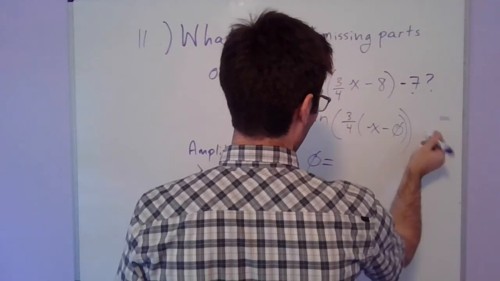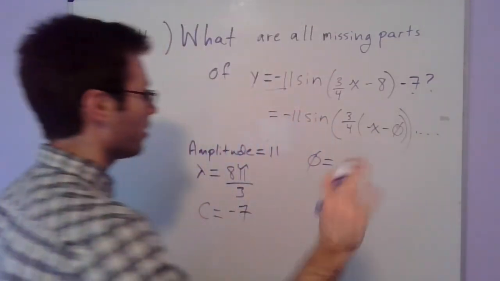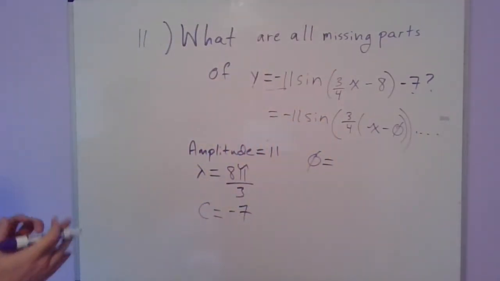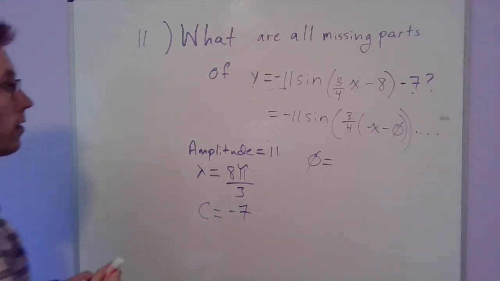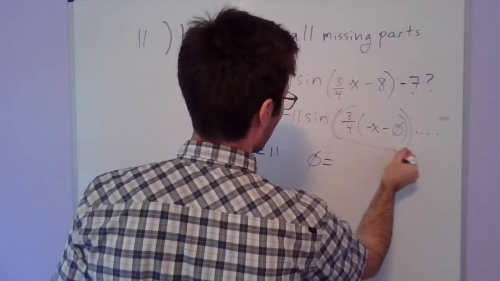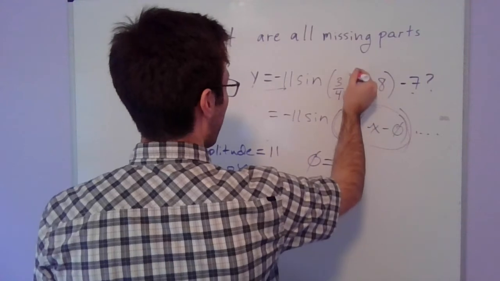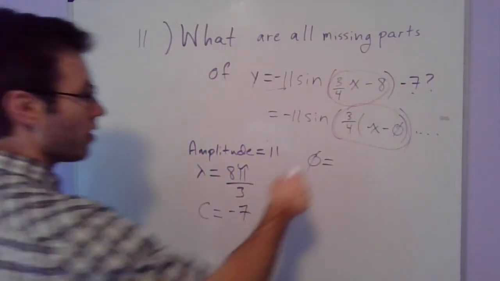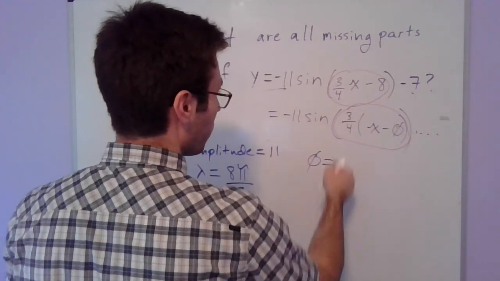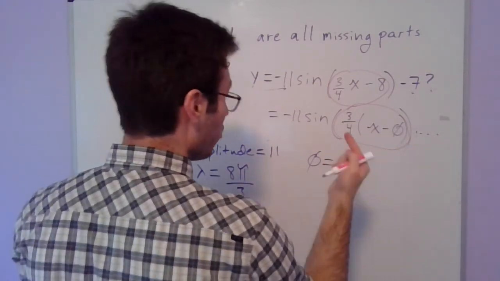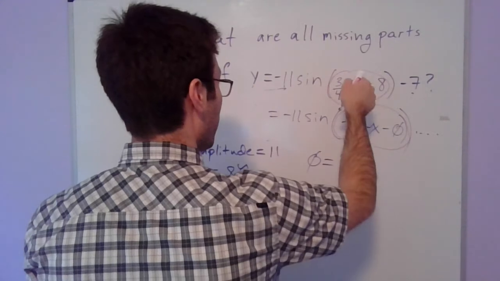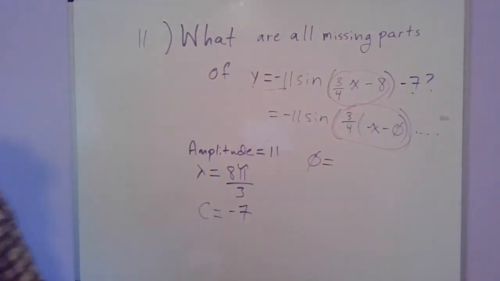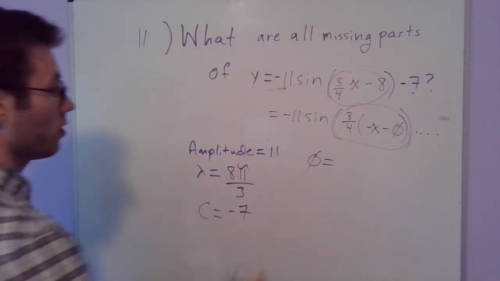And we don't care what comes after it. So what we care about is this part right here. We're going to set that equal to this. Remember, this is equal to your 2 pi over lambda term. So you can set those two parts in pink equal to each other and figure out what it is.